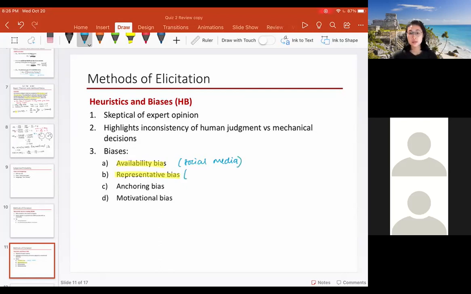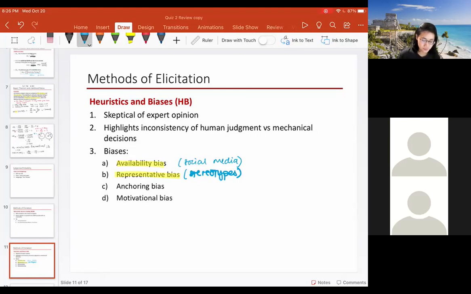Representative bias is basically stereotypes. You see a nerdy kid, the stereotype is, oh, they're going to be a scientist or a doctor or an accountant. You see a sporty kid, they're going to be a basketball player or a coach or something else that's not an accountant. That's the stereotype of representative bias.